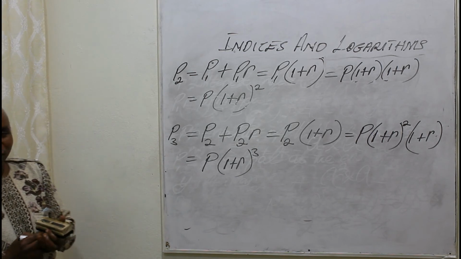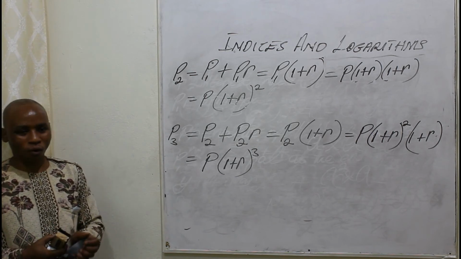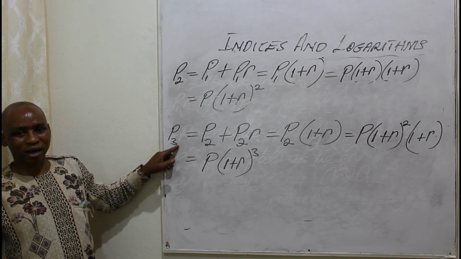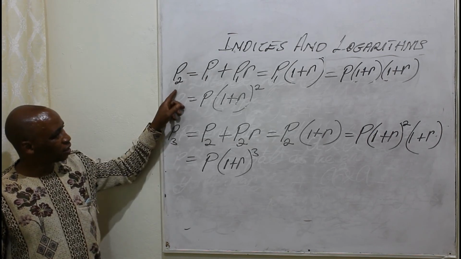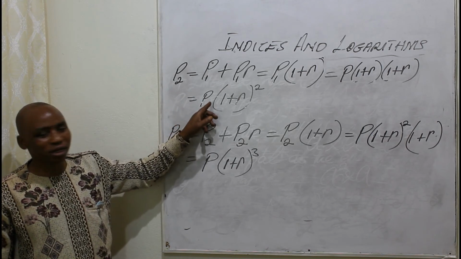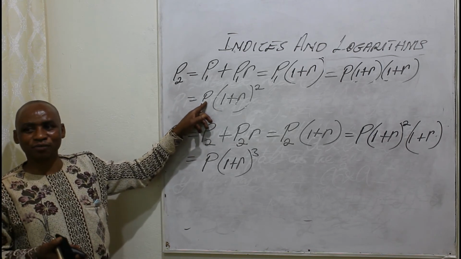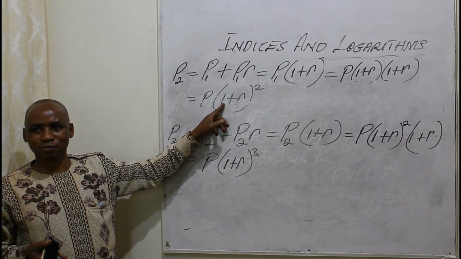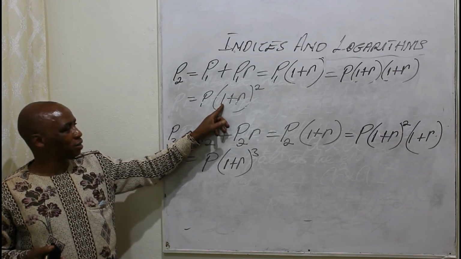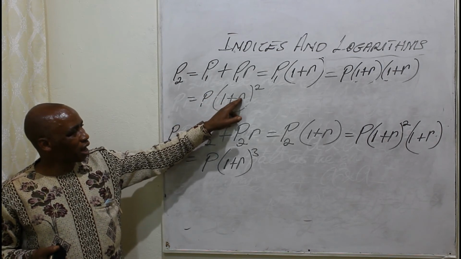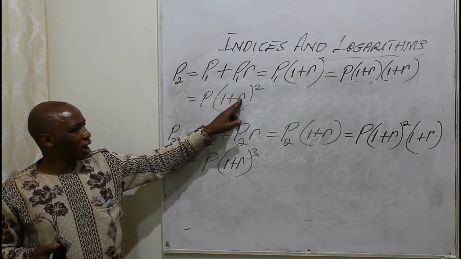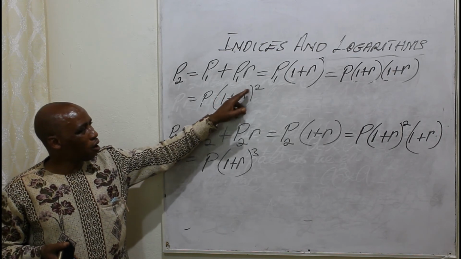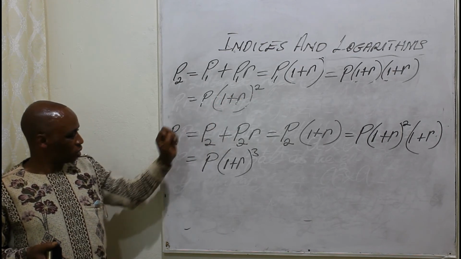So you see that if you are to invest for 2 years, at the end of the second year, it will be P, that's the principal you started with from the first year, times 1 plus R, that's the interest rate, all raised to the power 2.